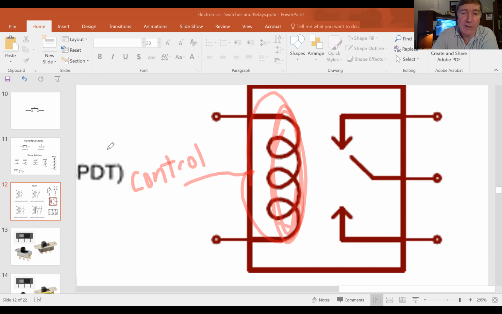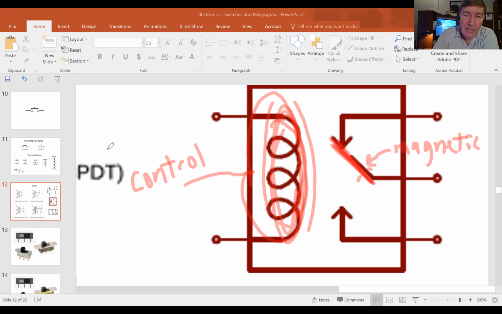When we send current through here, it creates a magnetic field. And this switch here is a magnetically controlled switch, a magnetic switch. It's got a spring on it. So if we have electricity flowing, then it goes one direction. If we don't have electricity flowing, then it goes the other direction. Okay.